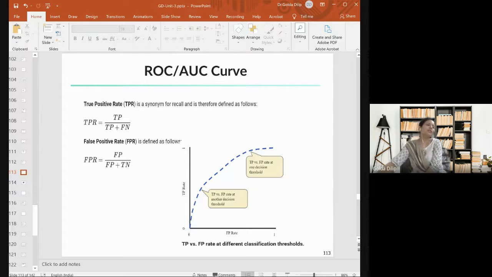Lowering the classification threshold will classify more items as positive, but that will increase both false positives and true positives. To compute the points on this ROC curve, you can go for regression models, logistic regression and other things.